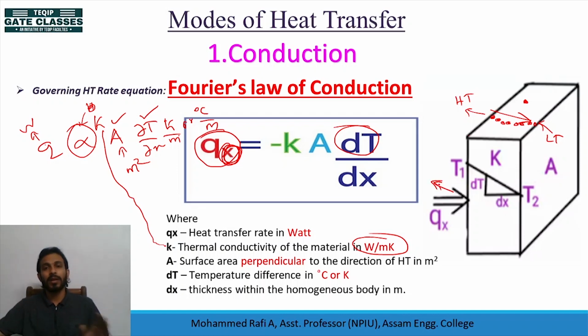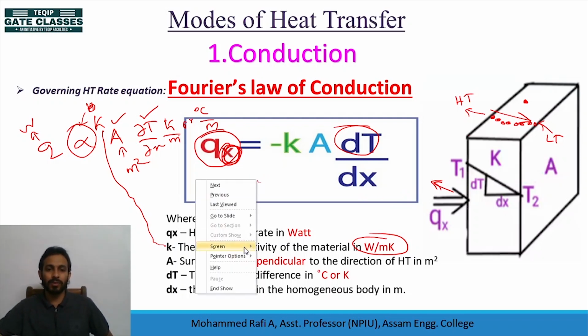Whenever there is a temperature difference, there will be heat transfer. There can be x direction, y direction, z direction, any direction of heat transfer taking place. So to make our analysis easy, I am writing the expression for Qx like this.